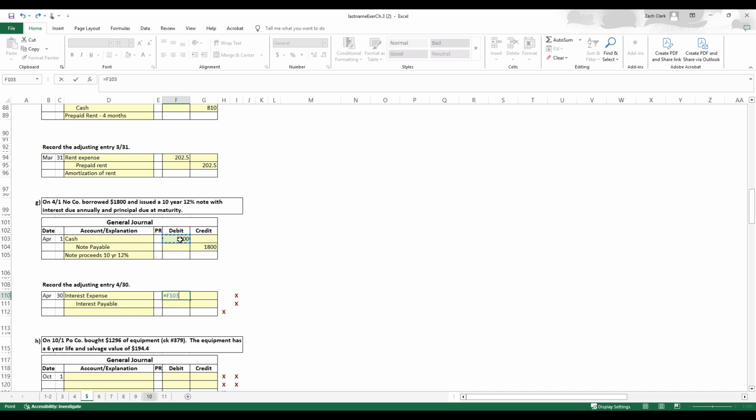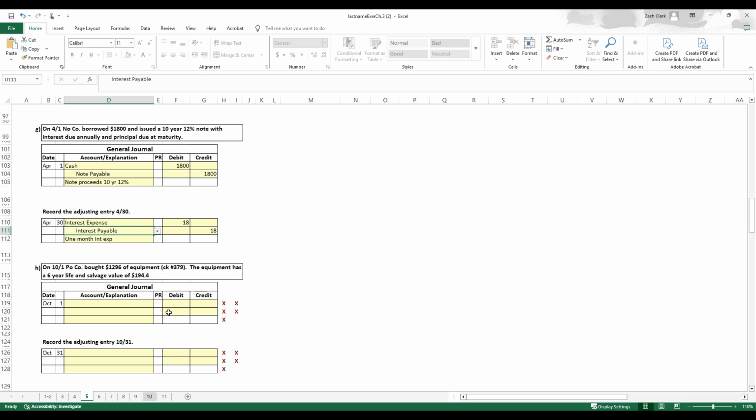Let me do a parentheses here in my formula. So we have 1,800 times 12%, divided by 12, right? Because it's 12% per year. $1,800 is our principal outstanding, and we want to know how much each month, so 12 months, it's going to be costing us. We'll just say 1 month interest expense.